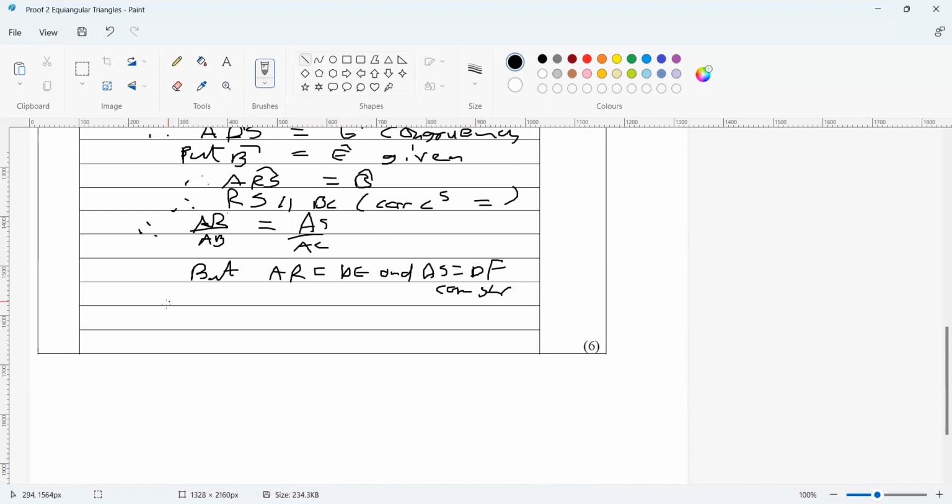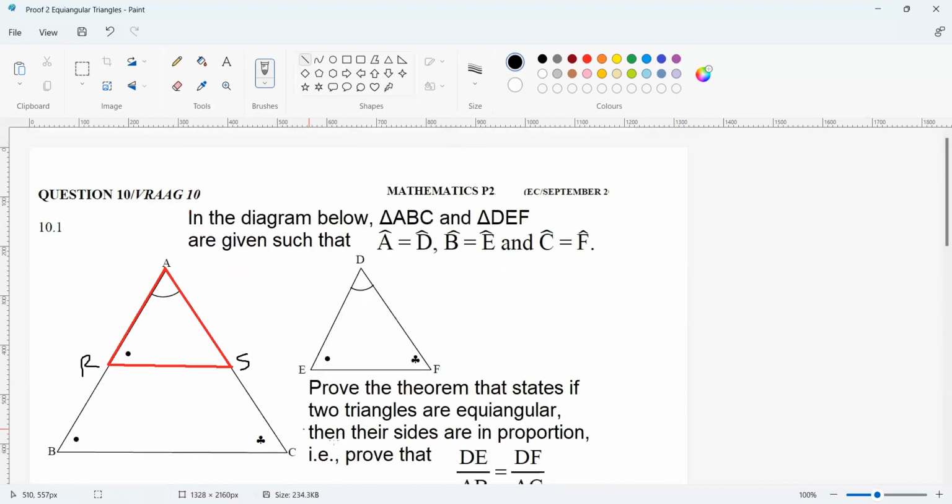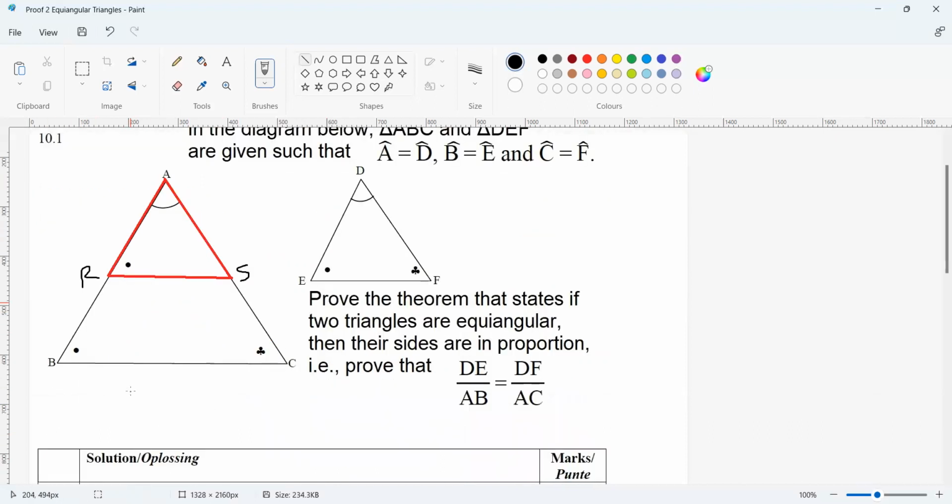So therefore, we can say DE over AB is equal to DF over AC, and our theorem is proven. So we have DE over AB is equal to DF over AC.